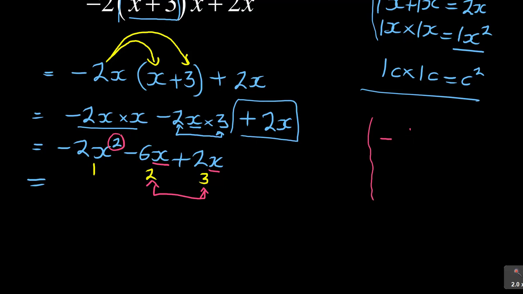If I say minus 6x plus 2x, let me give a scenario. If I say to you, you are adding 2 cows plus 3 cows, you're going to say 2 plus 3, which is equal to 5 cows.